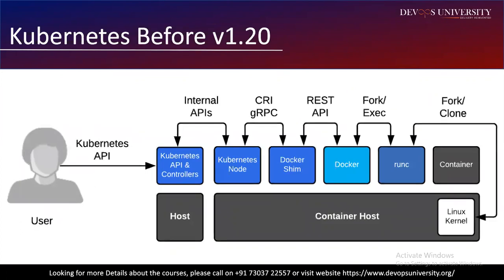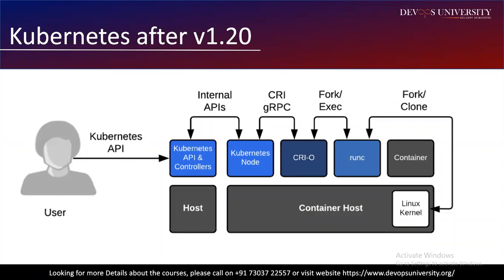We need not worry a lot about it, because that's a really simple thing. A piece of software has been replaced by another piece of software. That's it. So Dockershim and Docker have been removed from Kubernetes by default, and CRI-O has been implemented by default.